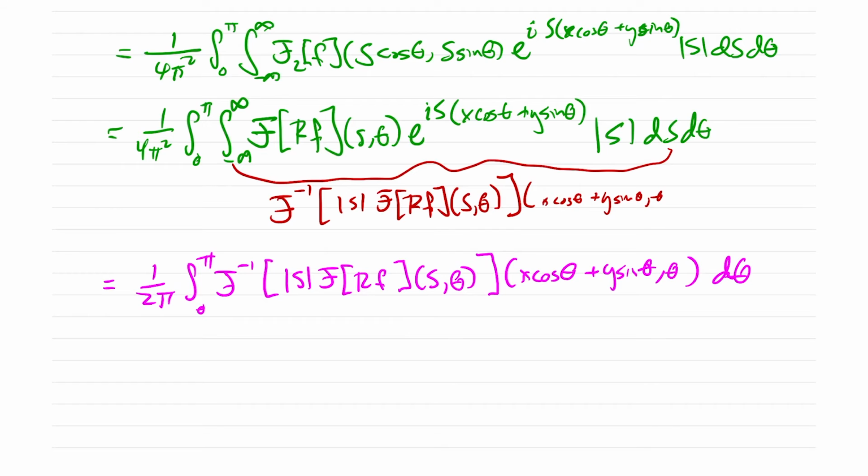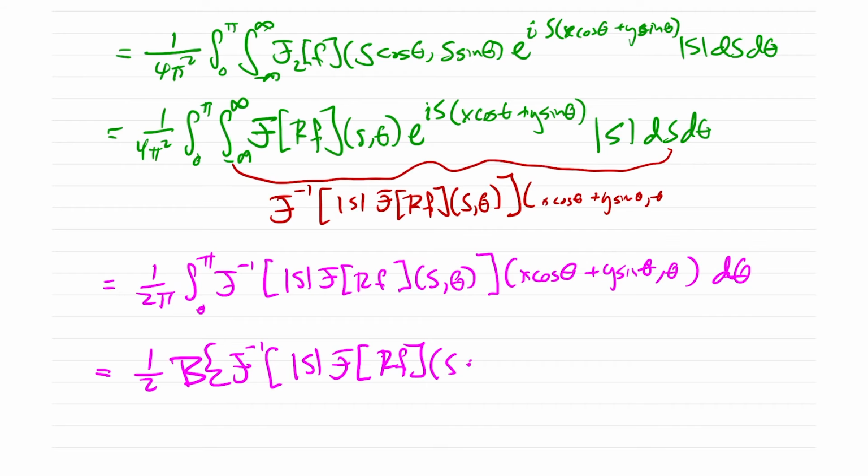So this is equal to, the 1 over 2 pi gets absorbed into the back projection, the back projection of the inverse Fourier transform of the absolute value of s times the Fourier transform of the Radon transform evaluated at s comma theta, evaluated at x, y.